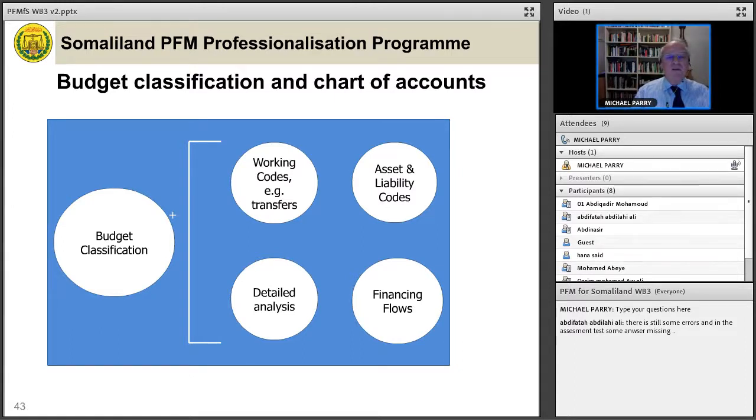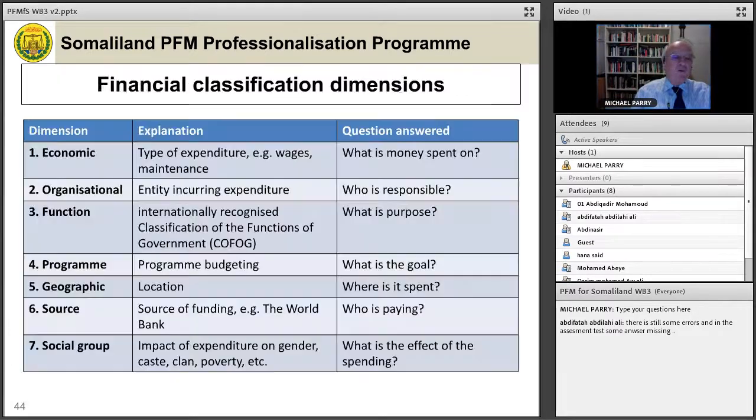You will often need more detailed analysis than you've got in your budget, and the budget will not break down your financing flows in the way you need to do in your chart of accounts to record your receipts and payments of income and of principal. So your chart of accounts is based on the budget classification, but will include quite a lot of extra codes.